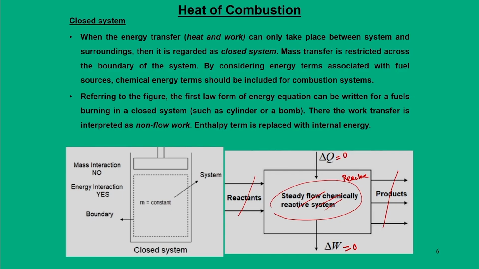Then the entire heat release, that means the reactor which already contains this fuel plus air, when they react with each other, it produces energy, but that energy is arrested within this reactor itself, and that is interpreted in terms of rising its internal energy.